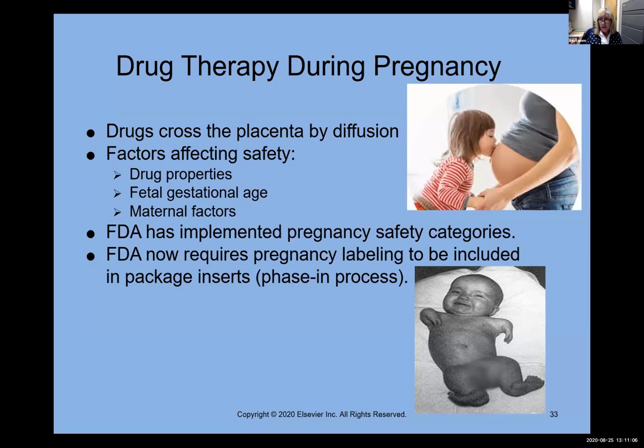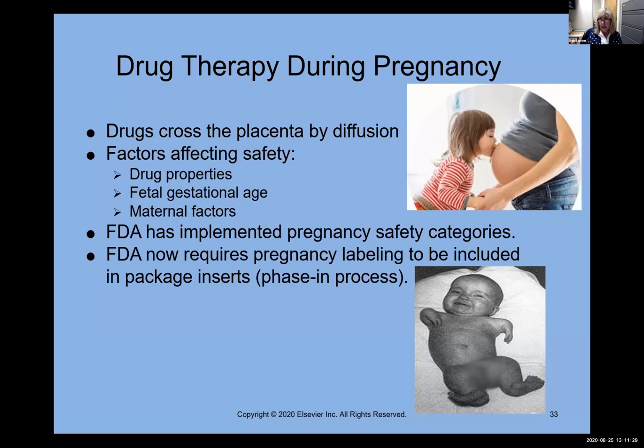So a lot of medications, not all, but a lot of them can cross the placenta and actually harm the development of the fetus. If you see this picture down at the bottom, this was a baby that was impacted by a drug that came out in the 50s and 60s called thalidomide.